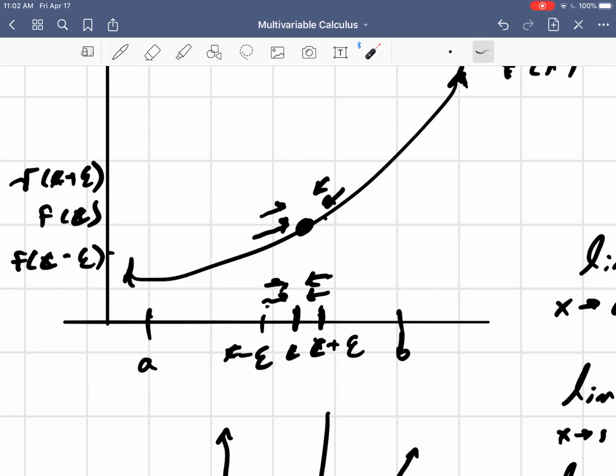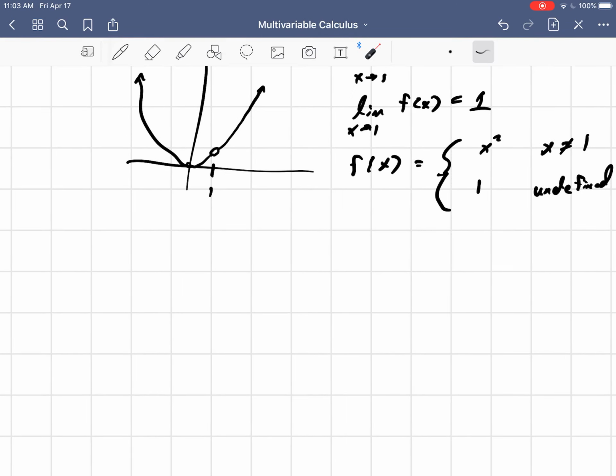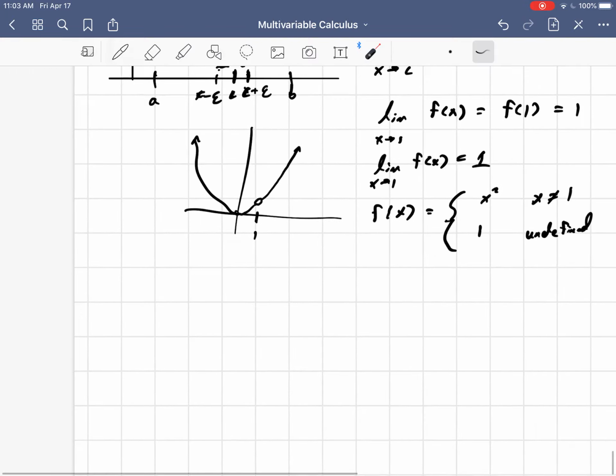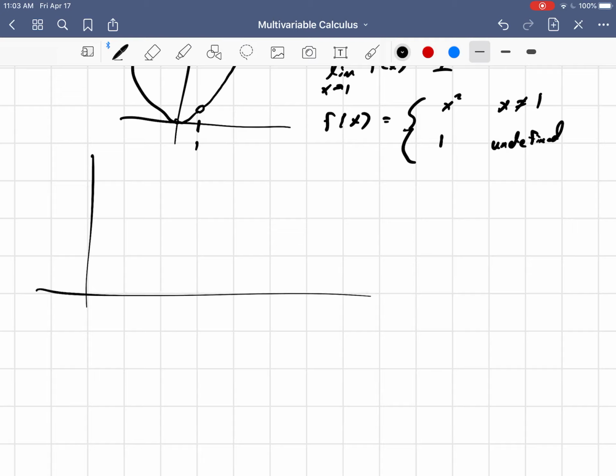So we're never actually looking at the functional value f of c itself. We're looking at what happens to f of x as x approaches c. So if we're taking the limit at some value where the function isn't defined, that's okay. The limit can still exist. The function need not be defined at the value you're taking the limit at.